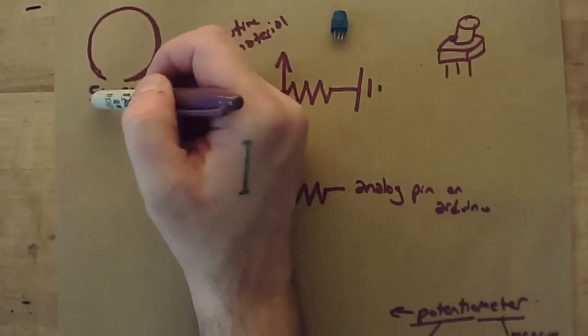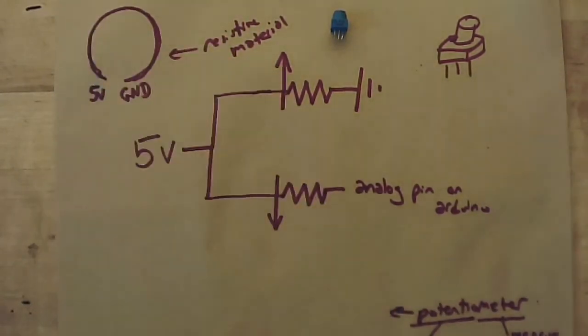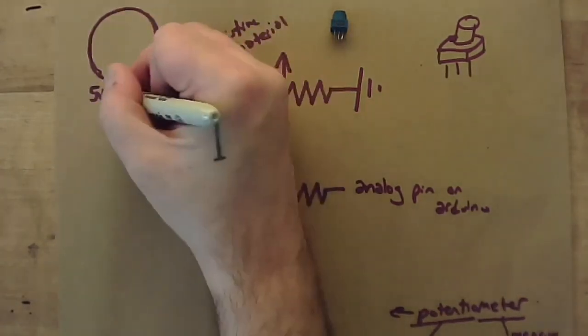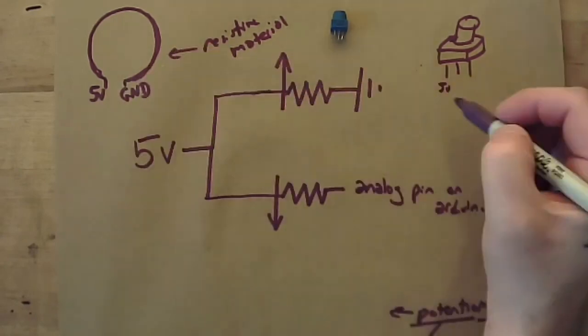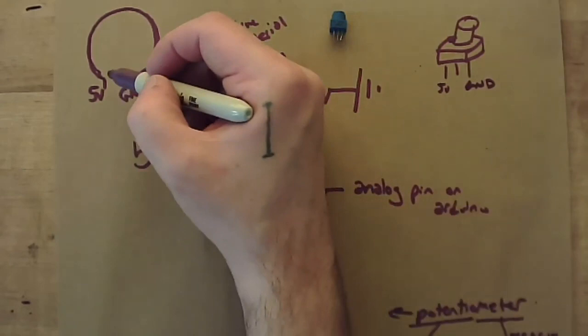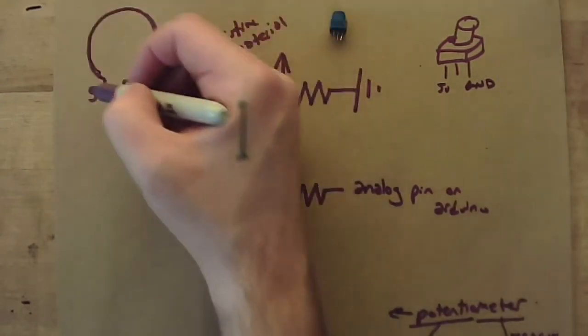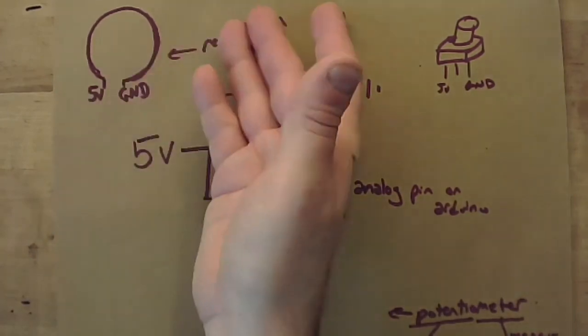And so as the electricity flows from high voltage to low voltage through that, like this one pin comes out and it's connected to 5 volts, one pin comes out and is connected to ground. The length of this resistive material influences its resistance, right?